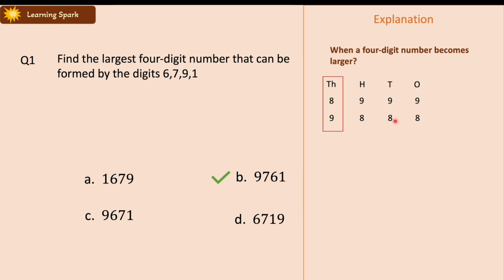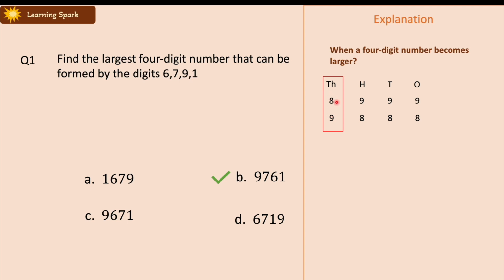In tens place also, in the first number there is 9, in the second number there is 8. In hundreds place, the first number has 9 and the second number has 8. But still, you see the second number is the largest of these two.